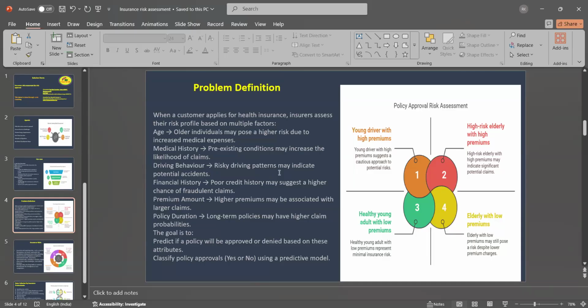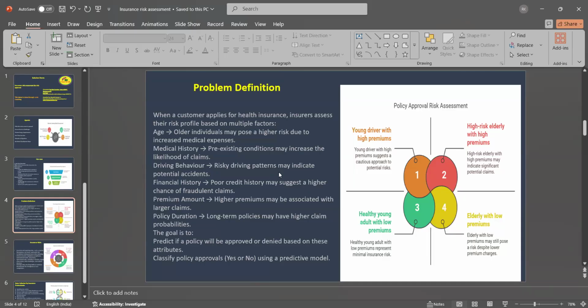Financial history: poor credit history may suggest a higher chance of fraudulent claims, so if the credit history is not good, it is easier to calculate the fraudulent claims of that customer. Premium amount: higher premiums may be associated with larger claims, so we try to set the premium as per the customer's claims. If the premium amount is high, the claim will be larger.